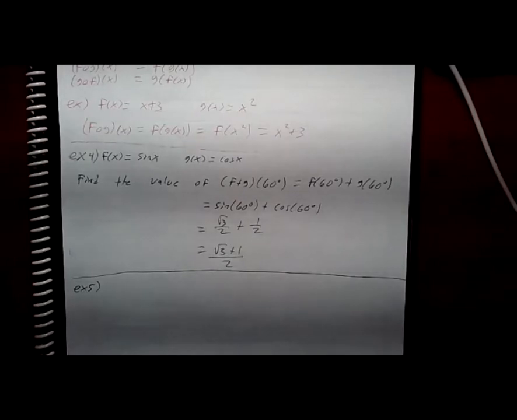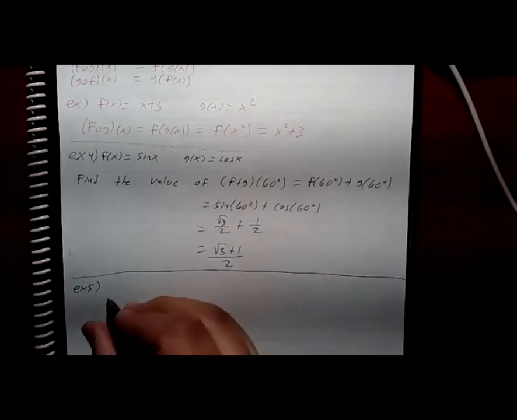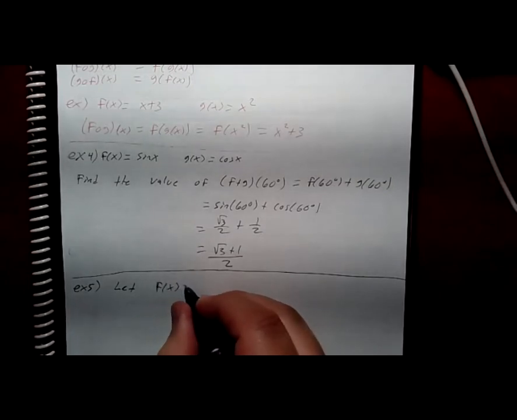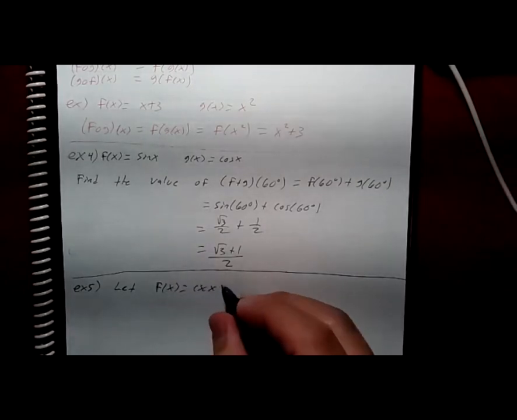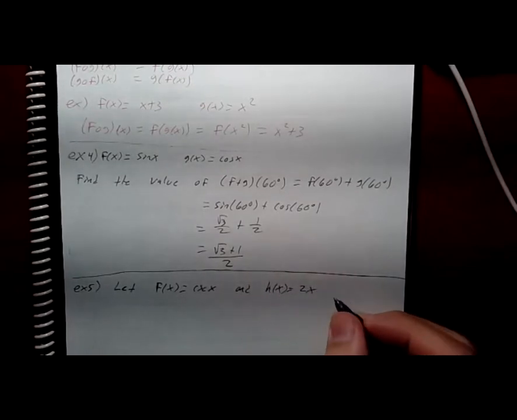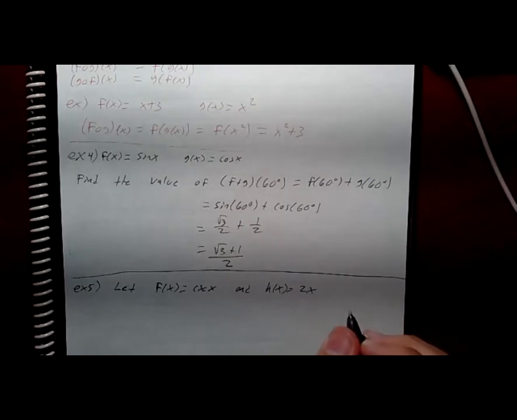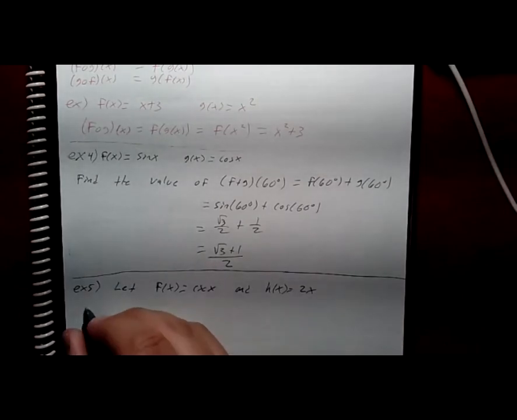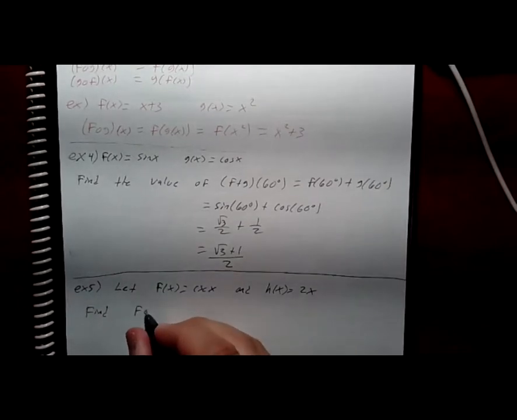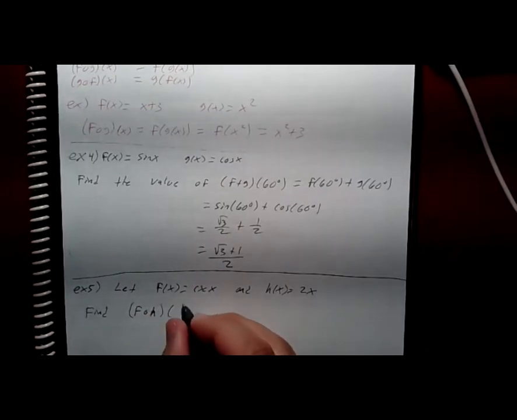Is there any questions on example 4? Okay. The next one is a composition type. Let's say f of x equal cosecant and h of x equal 2x. Find f of h of pi over 6.